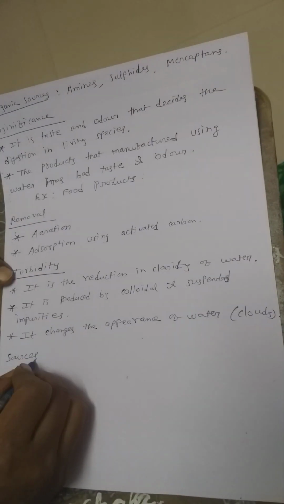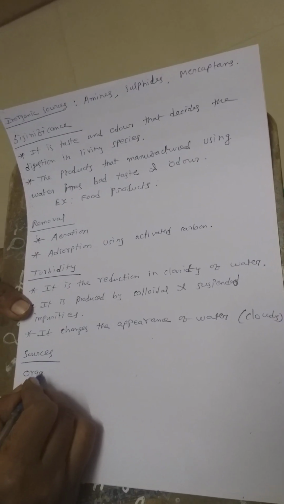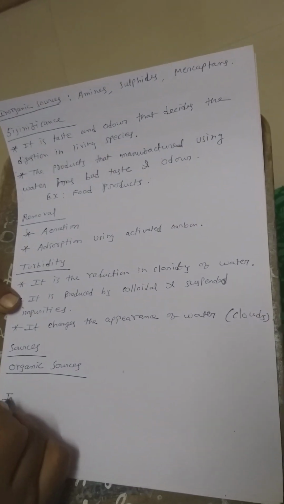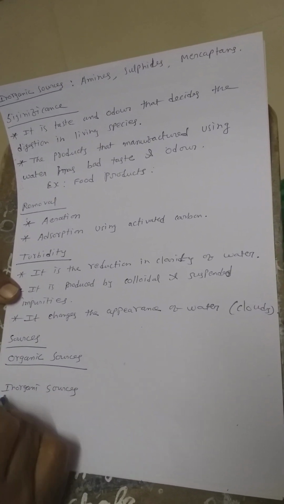In detail, the sources that produce turbidity to water are again classified into two: some organic sources and some inorganic sources.